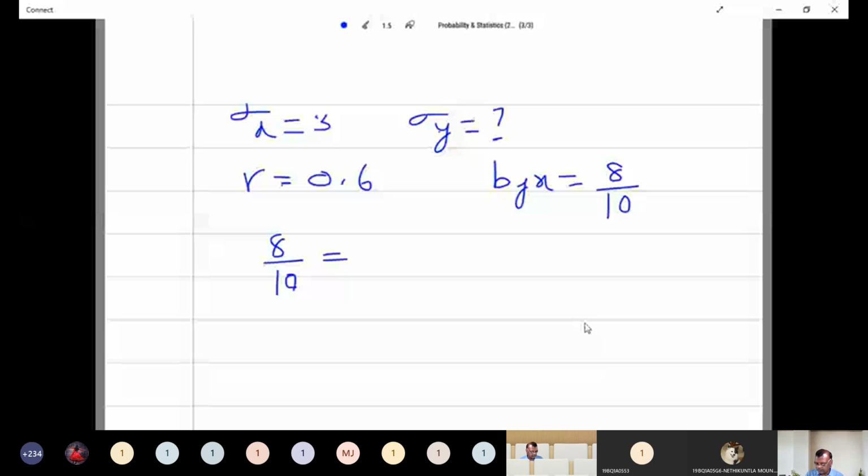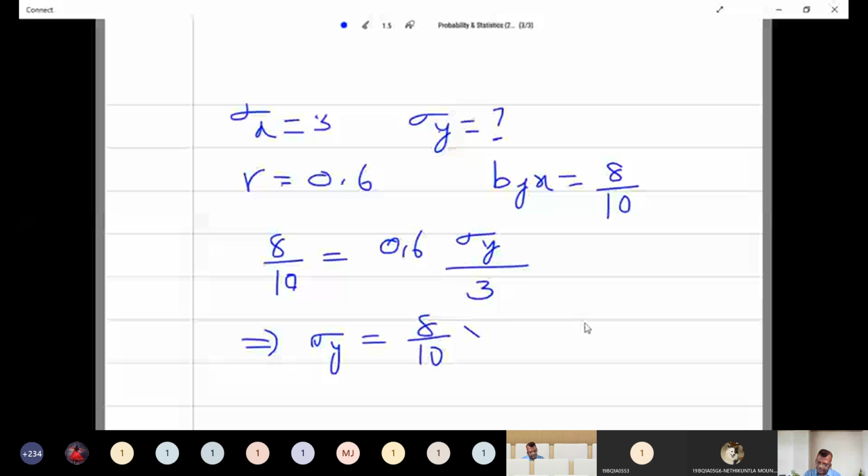Now from that we can find sigma y is equal to 8 by 10 into 3 by 0.6. Anyone? What is the value? Simple. Sigma y is 4. Very good.